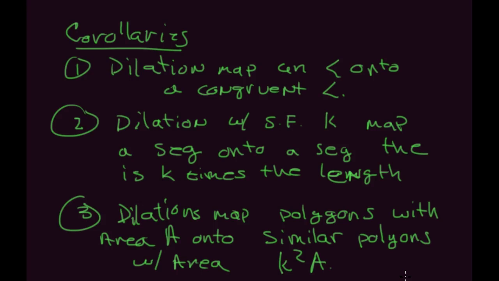So if I've gone from 1 to k, I have to go from 1 to k squared.